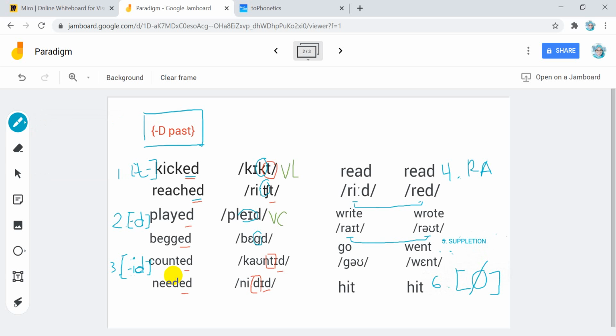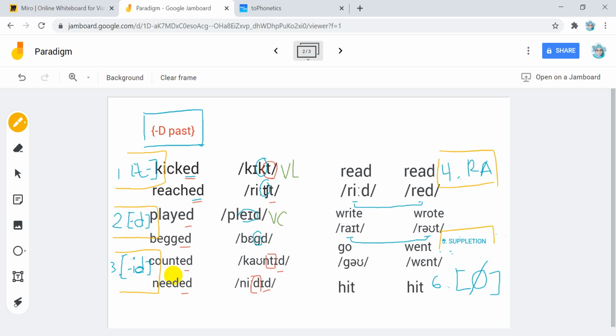Okay, so again, there are 6. The first one is the, and then and then it, which are the 3 of them are phonologically conditioned. And then the fourth paradigm is replacive allomorph.